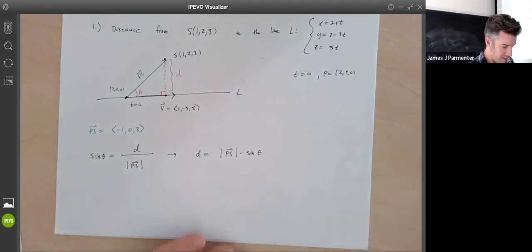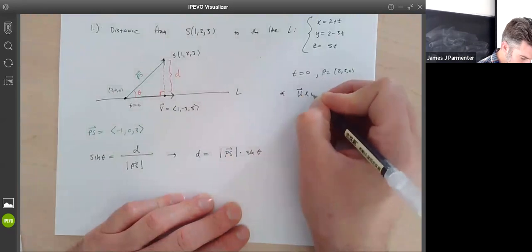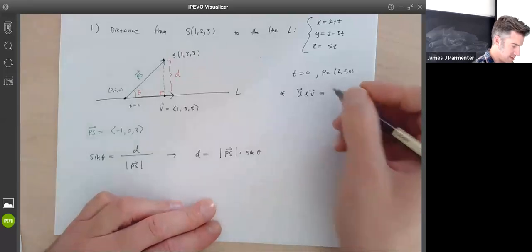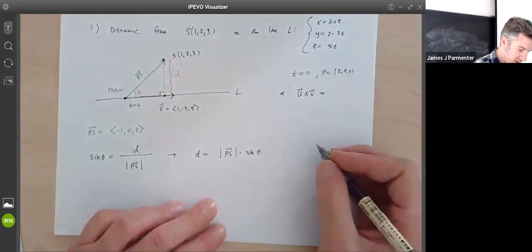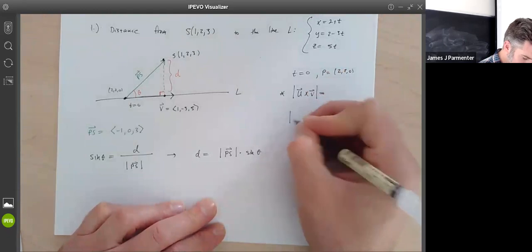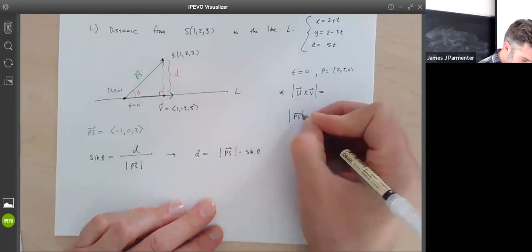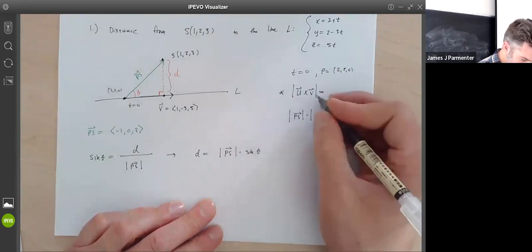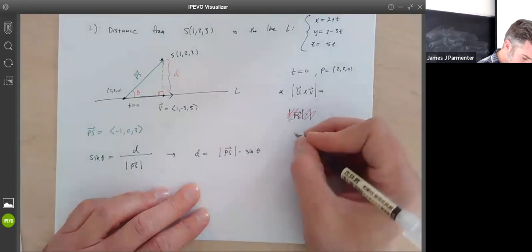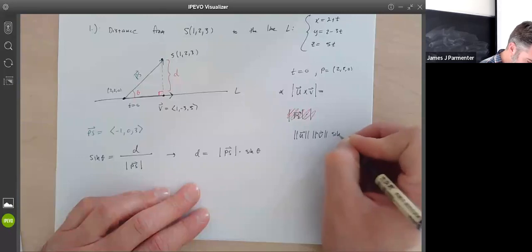I'm just going to remind everybody that the magnitude of U cross V, which is one way of finding it that we never actually do, is the magnitude of U times the magnitude of V times sine of the angle between them.